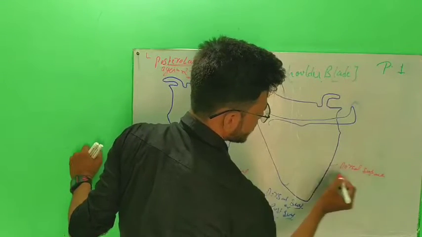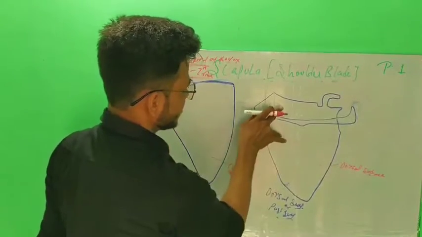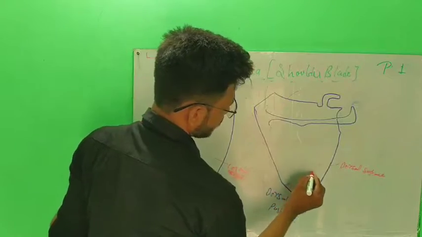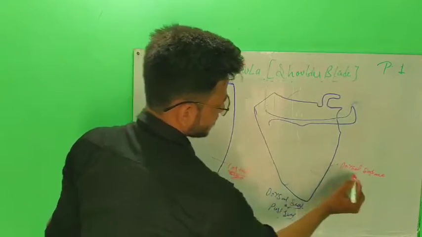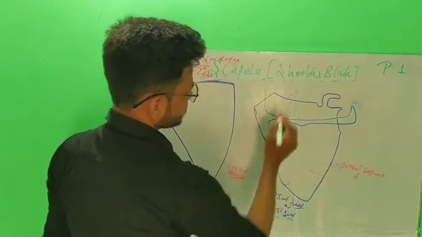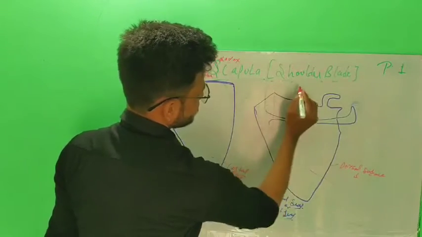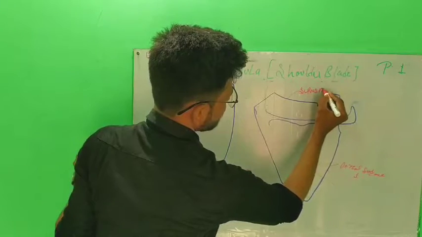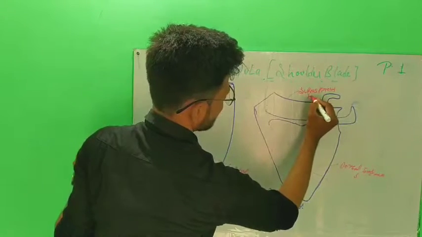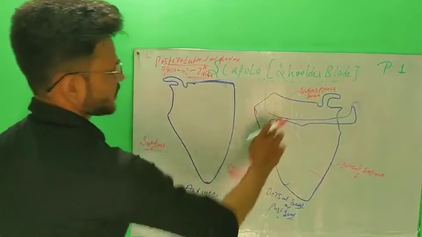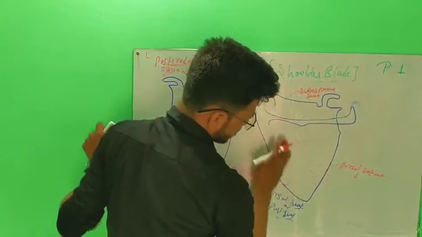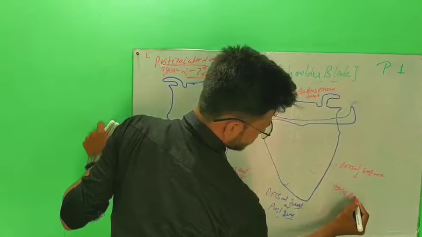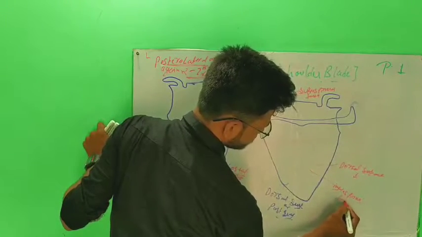The dorsal surface is divided into two fossae. This is the supraspinous fossa, and this fossa is our infraspinous fossa.